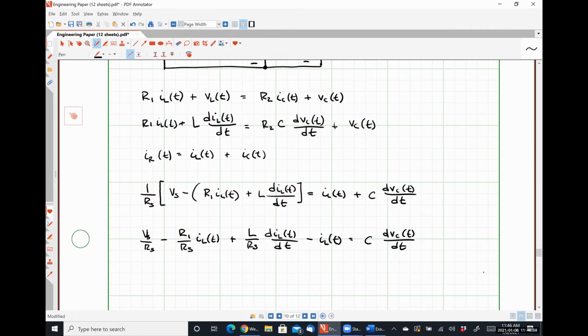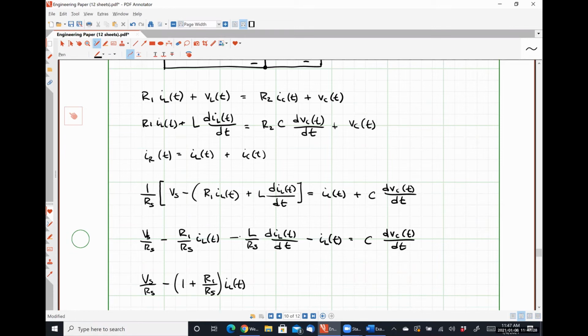Rearrange this just a smidge as VS over RS minus 1 plus R1 over RS times IL of t. Hold on a second here. This should be a minus sign because it's minus positive, so that should be a minus sign there.